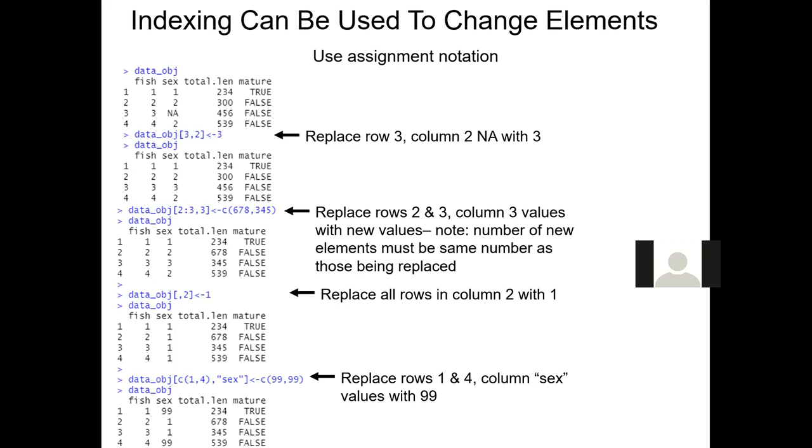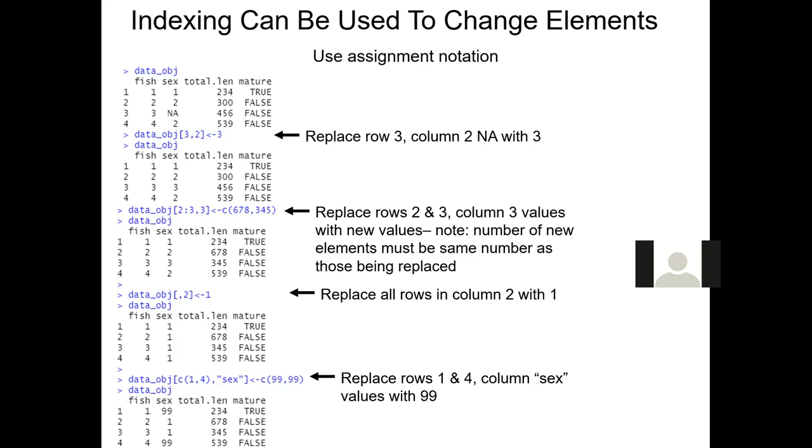And you'll see in this example, the second line down, I want to access the data object at row 3 in column 2, and I use the assignment operator to put in the number 3. If you look at position row 3, column 2 up above, so that's row 3 under sex, it's an NA, so it's missing. And I'm going to fill in that missing value with the next line of code. And when you show that object, you'll see that a 3 has been substituted into that position.